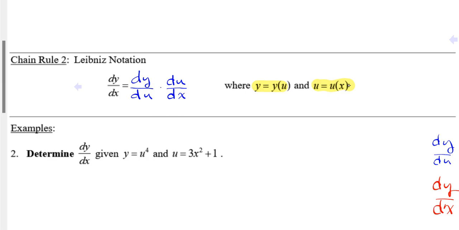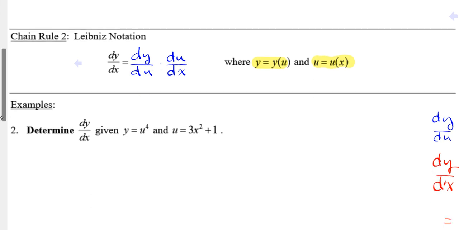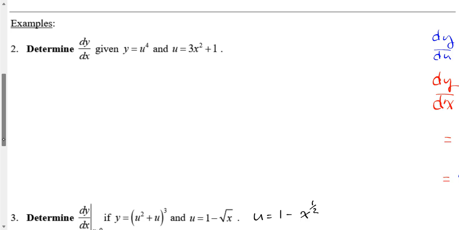So to do question number 1 using Leibniz's notation, this is how we would set it up. Our outside function is u to the exponent 4, and the inside function u is equal to 3x squared plus 1. So we would find dy/du. We bring the 4 down in front, keep the u as it is, subtract 1 from the exponent.